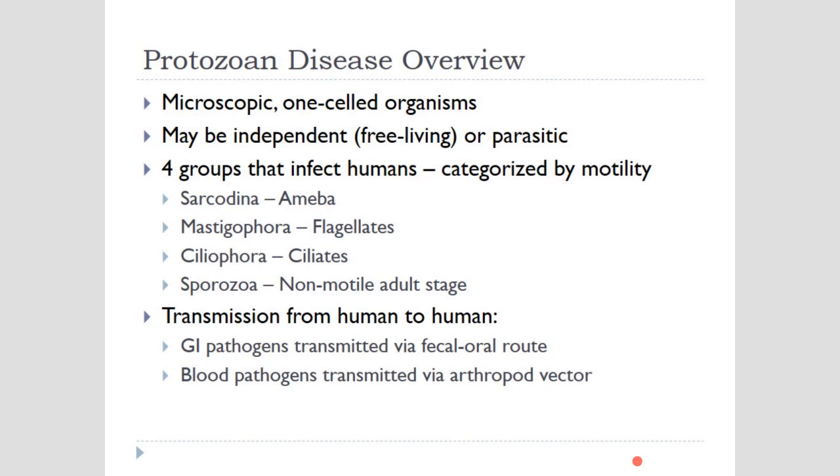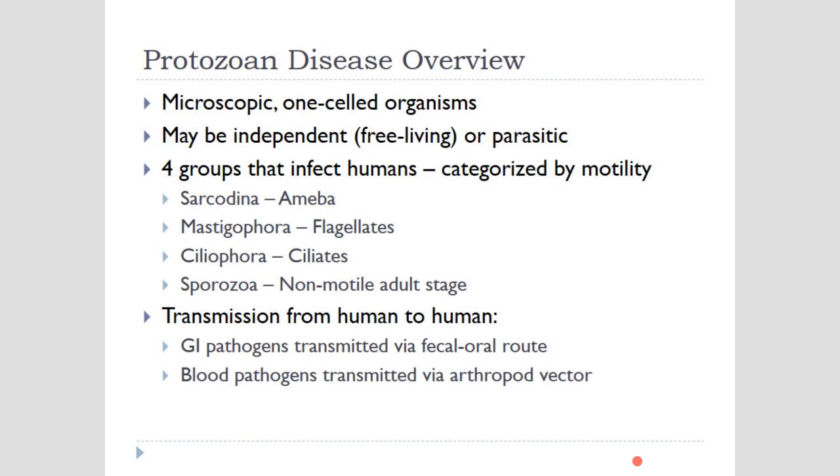Okay. So there are four major groups that infect human beings, and we categorize them for our ease, or maybe classically in the past, and we still use the same classification, based upon their motility. How can they move?